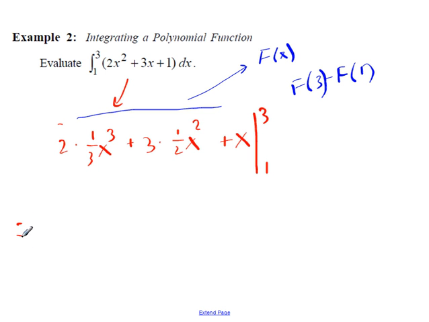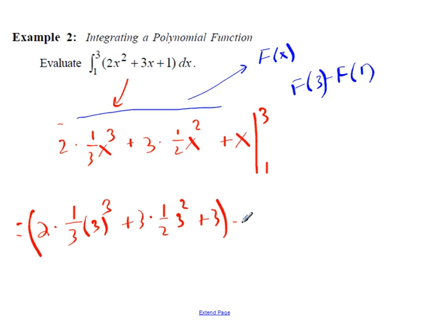So we get 2 times 1/3 times 3 cubed. I should always have parentheses. Plus 3 times 1/2 times 3 squared plus 3 minus, so I put 3 into everything, and then minus, new parentheses, putting in 1, 2 times 1/3 plus 3 times 1/2 plus 1.